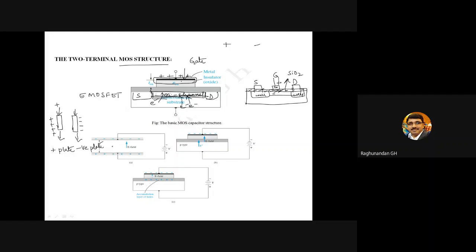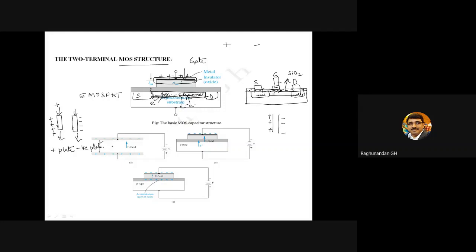In the same way, in our MOS structure, this metallic plate is going to act as the positive metallic plate of a capacitor. You know, in a capacitor, one plate will be positive and the other will be negative.